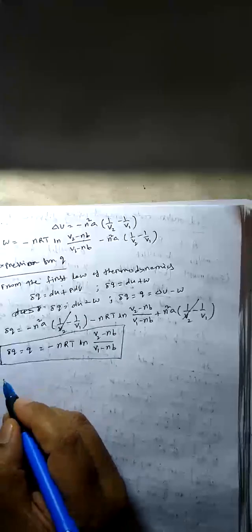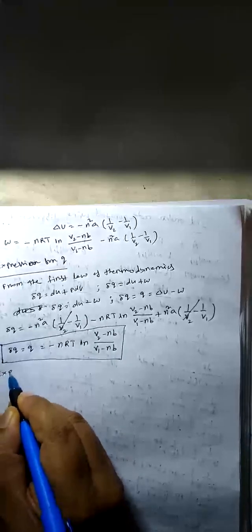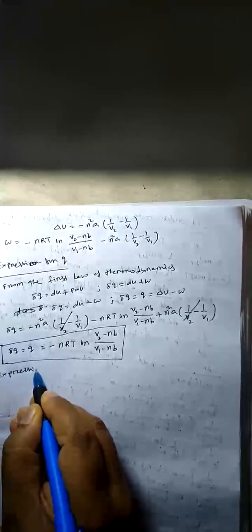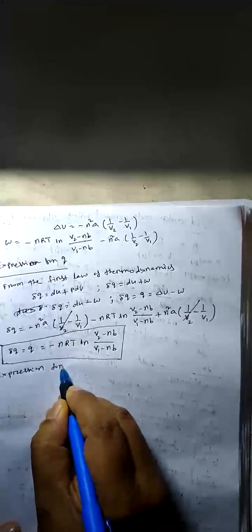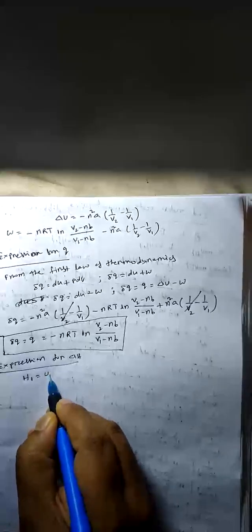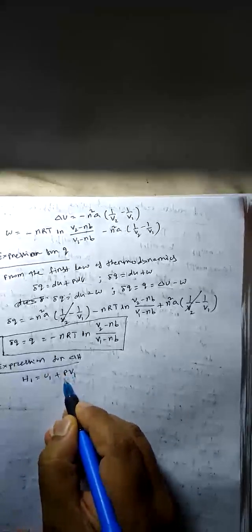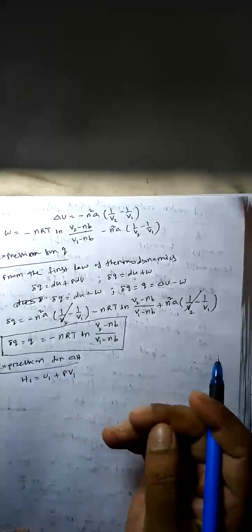Then we have to find the expression for delta H, enthalpy. The formula we know: enthalpy in the initial state is H1 equal to U1 plus PV1. Pressure is constant, it will not change. Enthalpy means the heat content in a system at constant pressure and temperature.